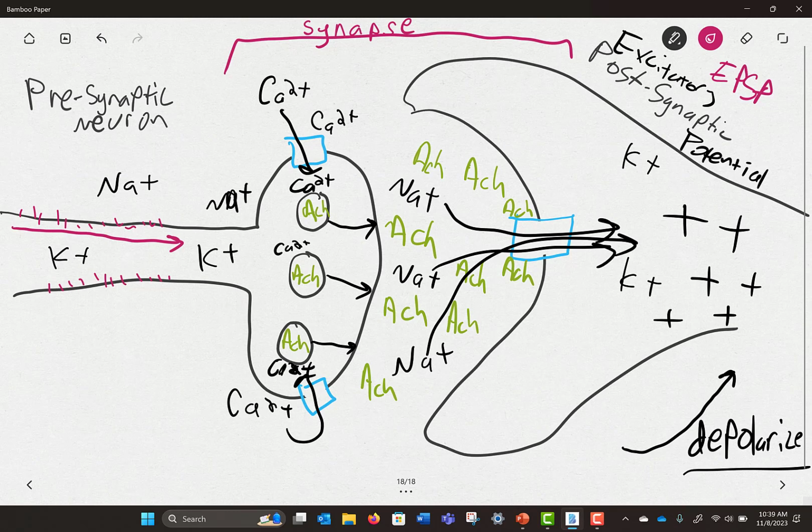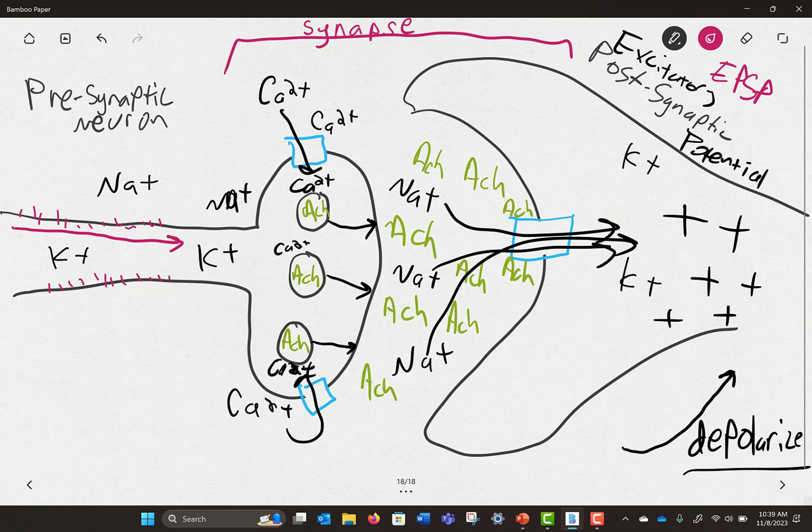In either of those cases, we are causing the receiving cell to become more negative. We are hyperpolarizing it. In that case, we're making it less likely to send an action potential. We are inhibiting it instead of exciting it. In that case, we say that it is sending an inhibitory postsynaptic potential, IPSP, inhibitory postsynaptic potential.